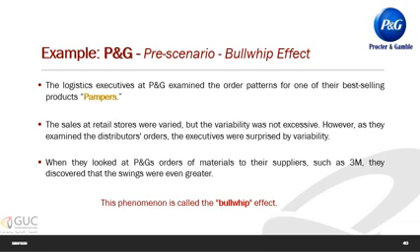However, as they examined the distributors' orders, the executives were surprised by the inconsistency. When they looked at P&G's orders of materials to their suppliers, such as 3M, they discovered that the swings were even greater. That variation did not make sense as the consumers, in this case the babies, consumed diapers at a steady rate.